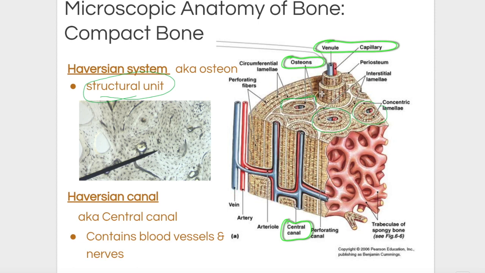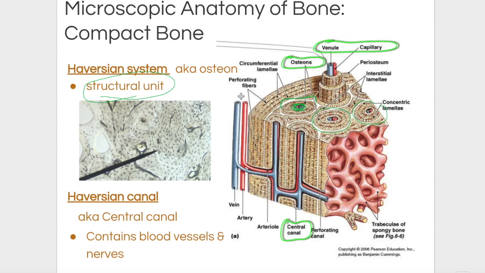And then in the center of the osteon, we have a hollowed out canal or space known as the Haversian canal. It's going to allow for blood vessels as well as nervous tissue to pass and provide nutrients and innervation to our bone.